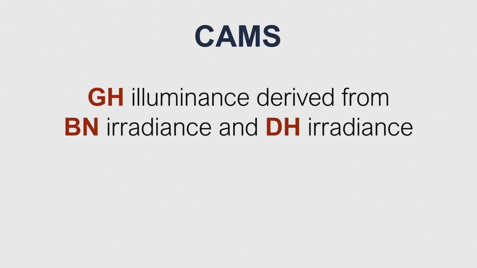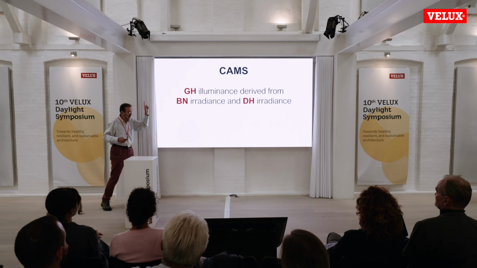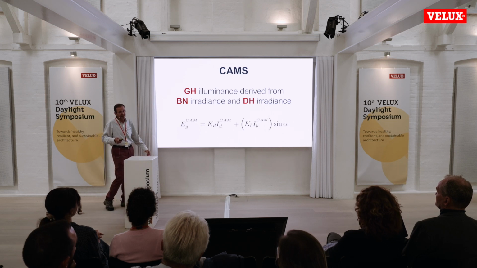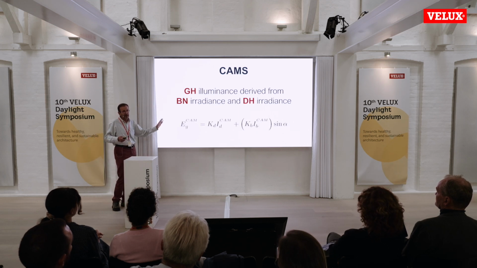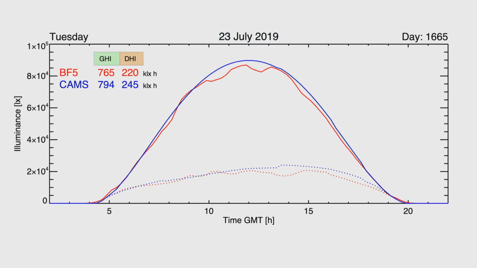So we derive the global horizontal illuminance from the beam normal irradiance and the diffuse horizontal irradiance from the CAMS data. We look at the 15-minute data, and the 1-minute data on the ground we average to 15 minutes, and apply the luminous efficacy factors in that derivation.